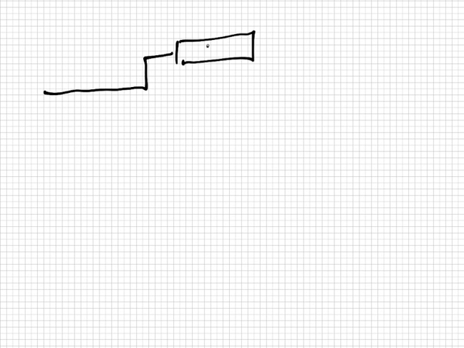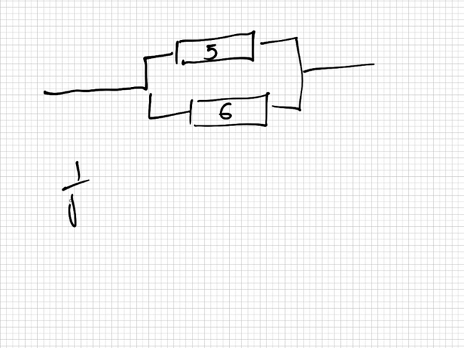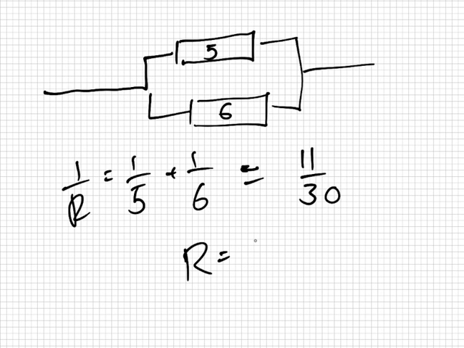So this is 5, and then this one here is 6. So the total is 1 over 5 plus 1 over 6. Okay, what's that? We'll have to work it out. This would be 30, wouldn't it? You give me the final answer or part of it? 6. Okay, thank you. 11 over 30. So then R equals 30 over 11. Okay, so that's not so bad.